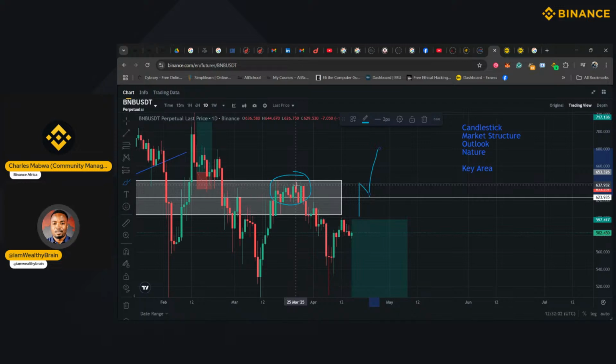Now, whatever decision you make, there is a reason for it. Maybe you are buying for a reason, and then you are taking profit at one particular point as well. So you need to know which indicators, which principles confirm the decision you are making.